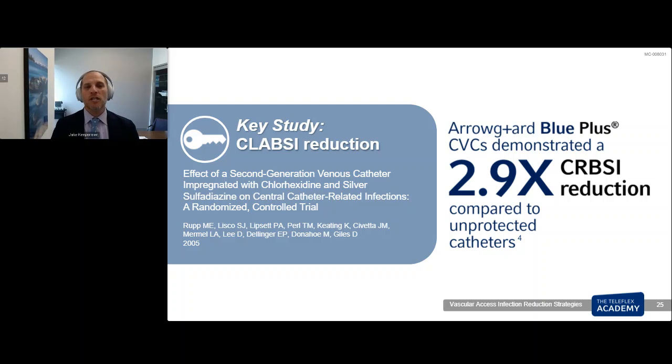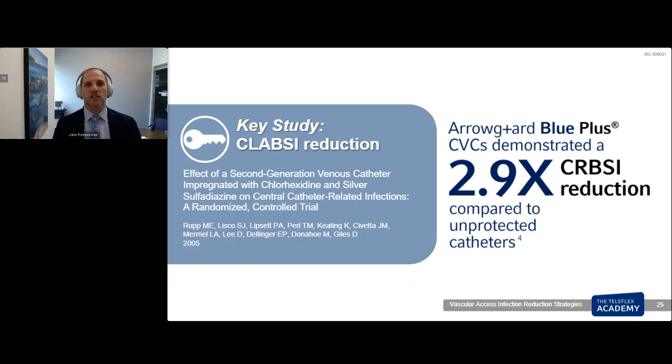But there were 1.24 confirmed infections due to a central line per 1,000 line days for the unprotected control catheter, and 0.4 infections per 1,000 line days for the protected catheter. So clearly there is a trend towards decreased infections.